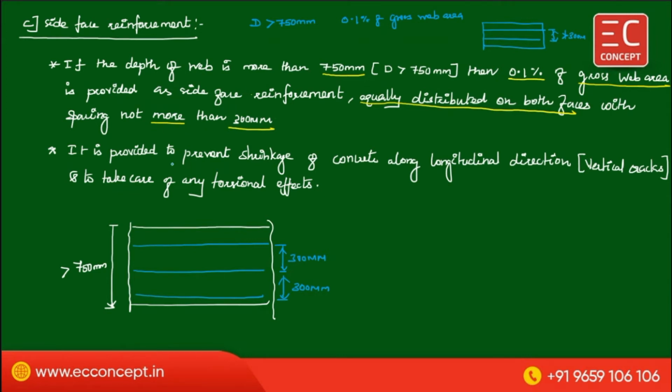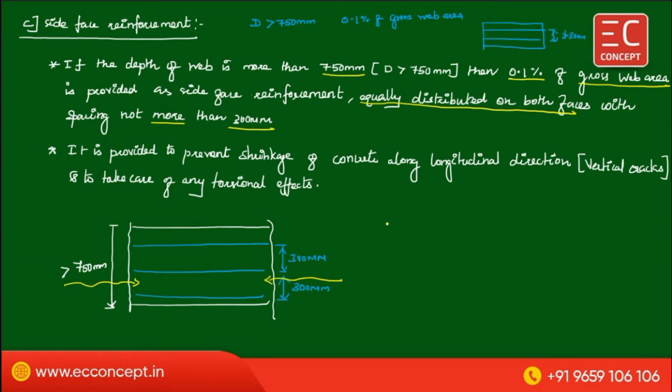Why are we using this side reinforcement? It is provided to prevent shrinkage of concrete along the longitudinal direction. That means the shrinkage which is happening in this longitudinal direction.